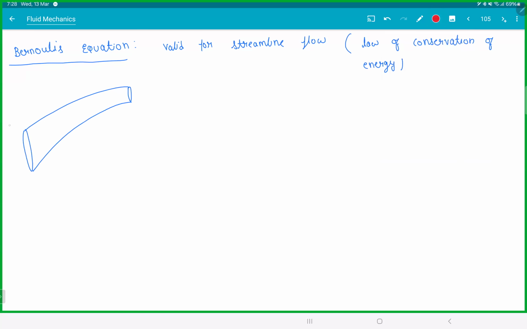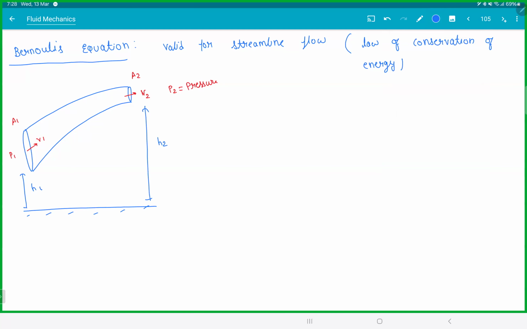So what this says is, let's say the area is A1, velocity V1, pressure P1, and the other area is A2, with pressure P2. Let's say this height is H2 and this height is H1.